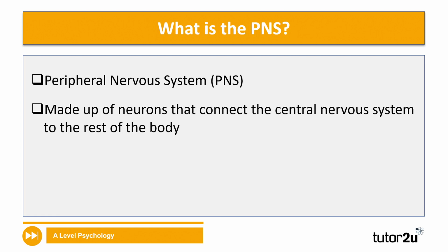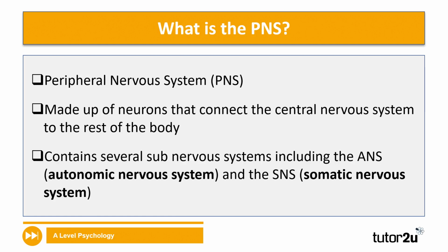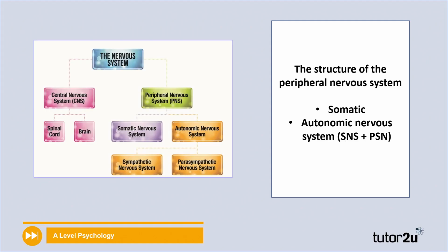So even though we are talking about a different section of the nervous system, the central nervous system still plays a crucial role. And what's different is that this one contains several sub-nervous systems or subcomponents, including the autonomic nervous system and the somatic nervous system. So as we've seen before, this is the structure.